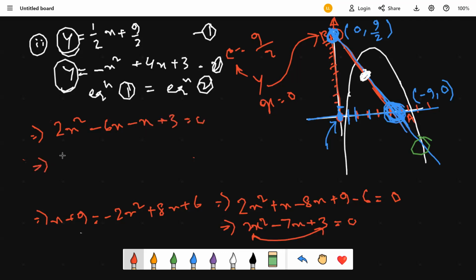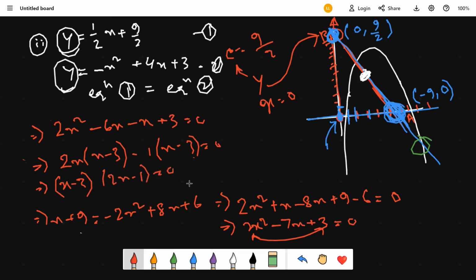So simply this is our simultaneous part: 2x times x minus 3, minus 1 times x minus 3, equals 0. So we are left with taking common x minus 3, and we have 2x minus 1 equals 0. Finally, we have x minus 3 equals 0 and 2x minus 1 equals 0.